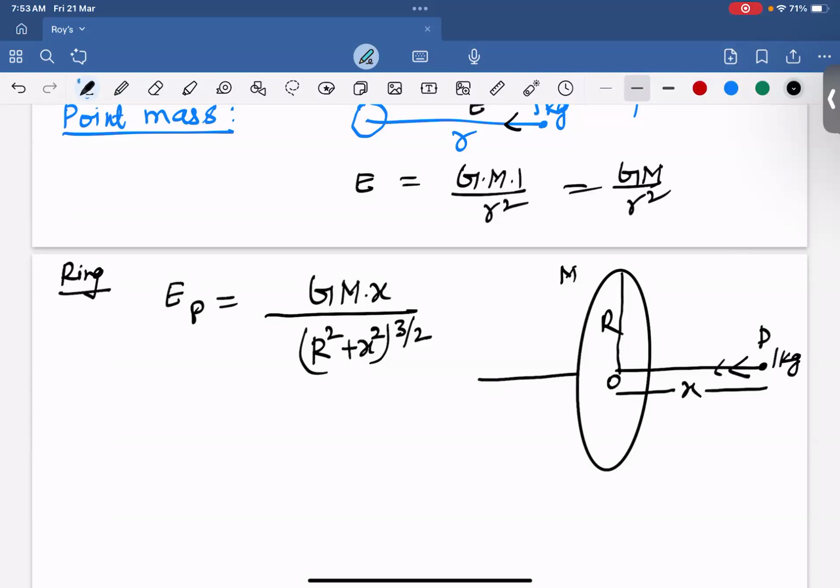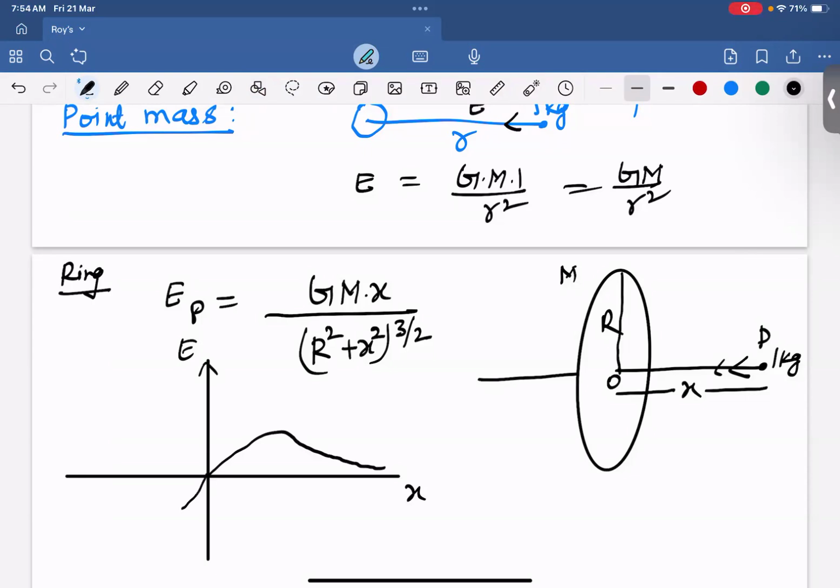अगर आप ध्यान से देखोगे तो रिंग का जो फील्ड का ग्राफ होगा, अगर आप ग्राफ देखो तो कुछ इस तरह से होगा. With x. So first the field will increase, become maximum, and then it decreases and then becomes zero on both sides.